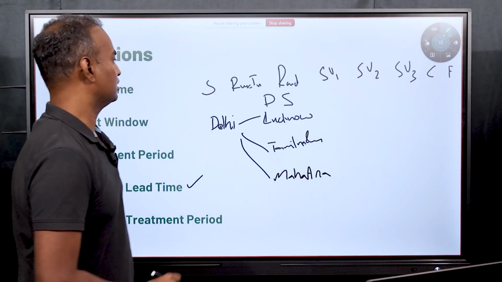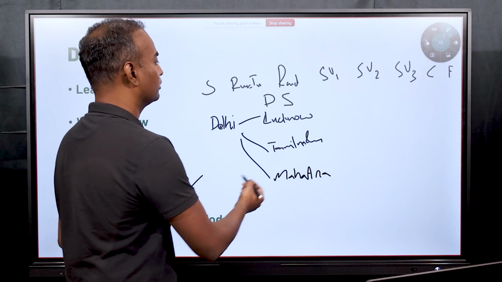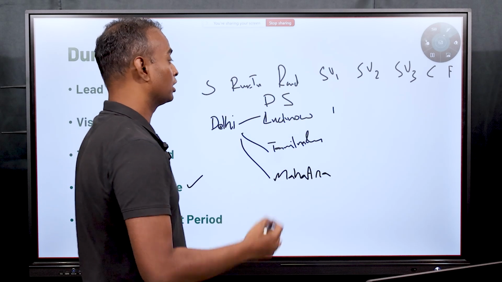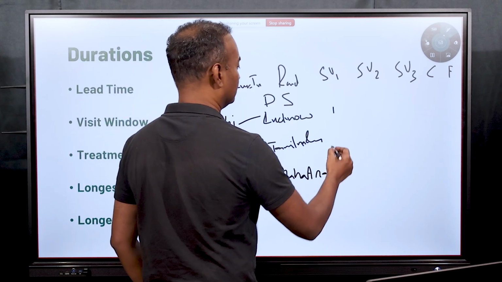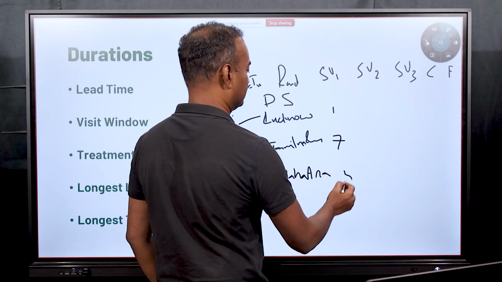Lucknow is just beside Delhi, so maybe it will take only 1 day. We can just keep the lead time as 1 day. To go to Tamil Nadu, it is at the end, so it may take 7 days. To go to Maharashtra, it may take 5 days.